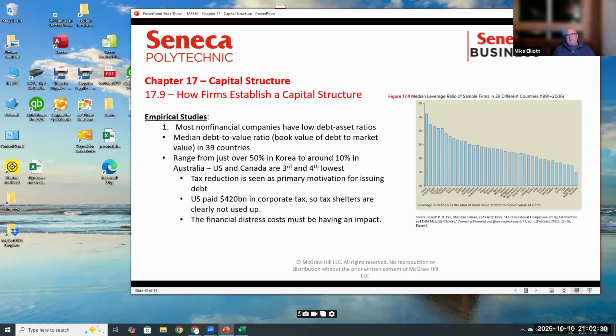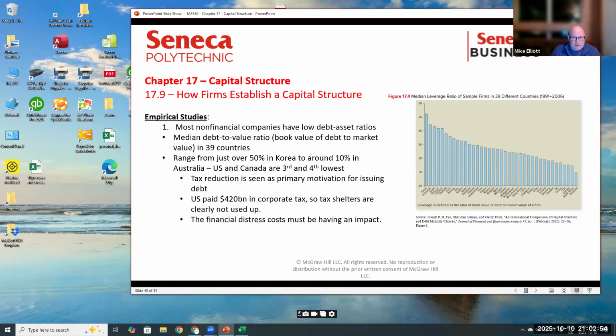So what do we look at? Chart on the right, countries. What's the leverage ratio of firms in countries? Korea has the highest leverage ratio at just about 55%. My eyes aren't good enough to answer this question.